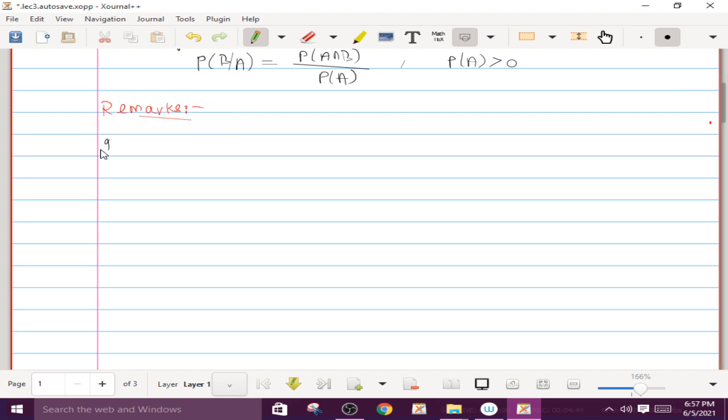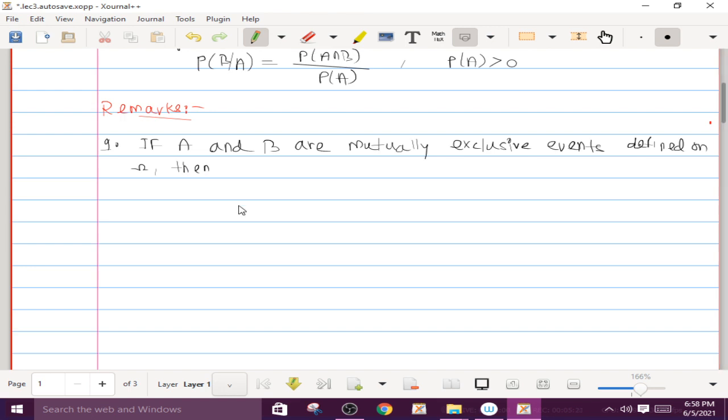Number 1: if A and B are mutually exclusive events defined on omega, then what is probability of A given B?